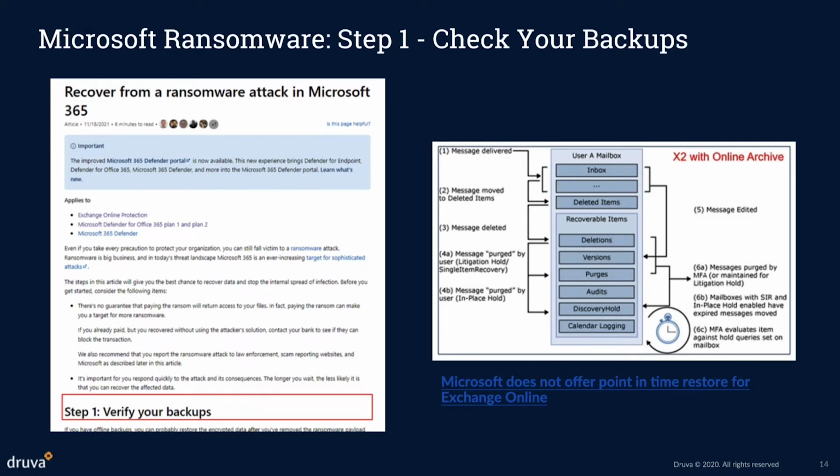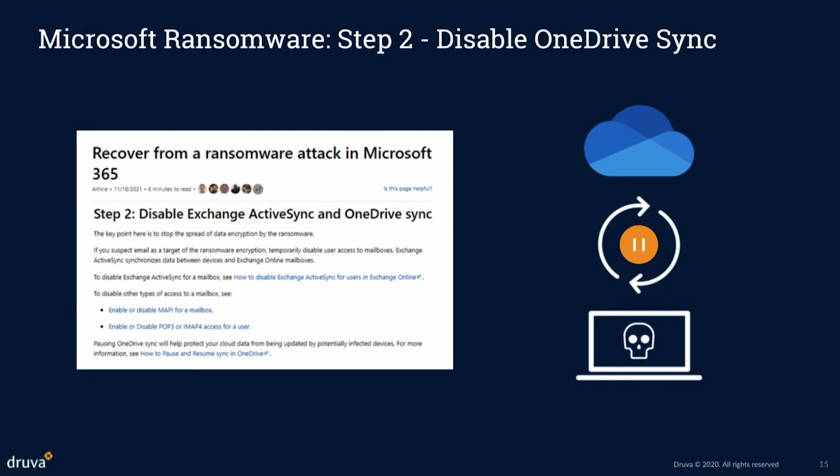But the point being, the first step that Microsoft really says in your ransomware strategy is to check your backups. The second step is to disable your ActiveSync or OneDrive Sync. And how this applies, once again, back into your Teams world, is that the OneDrive Sync is an application.